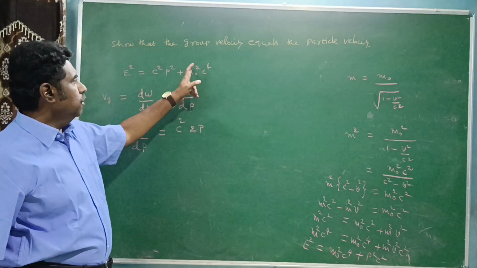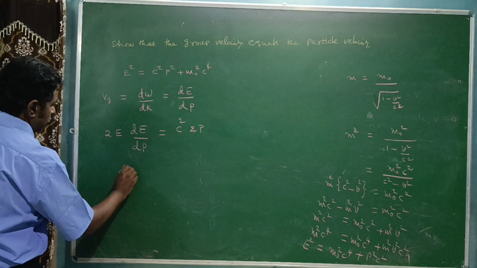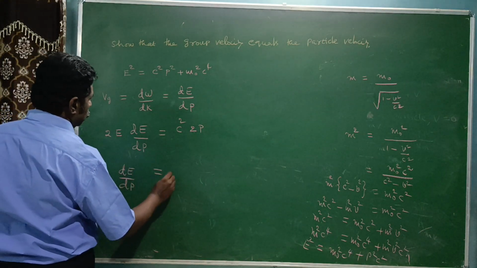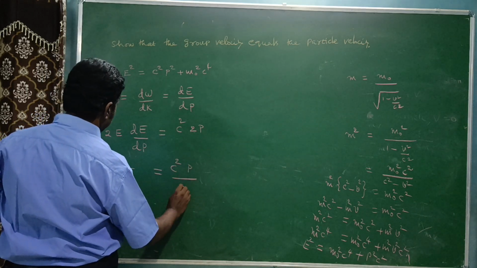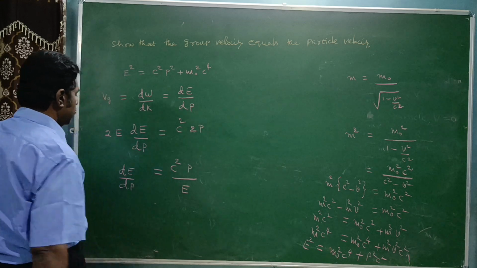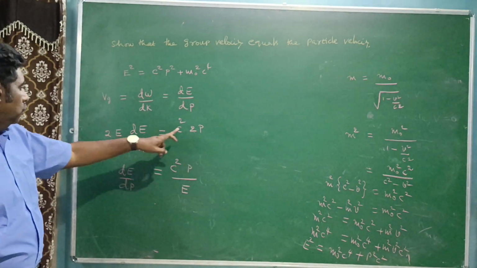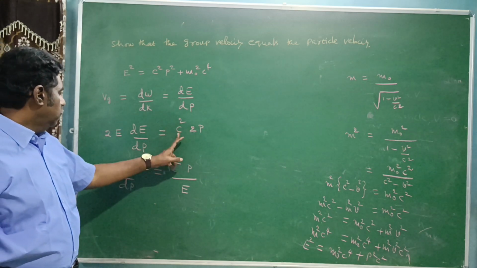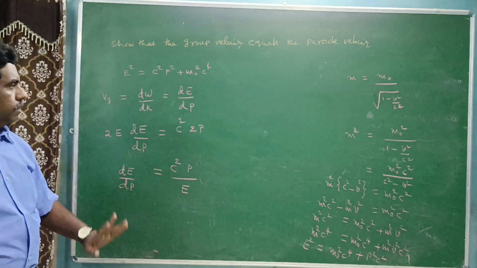This is a constant, if you differentiate this, 0. Then dE by dp, which is equal to c square into p divided by E. See here, 2 get cancelled, dE by dp equal to c square p divided by E.